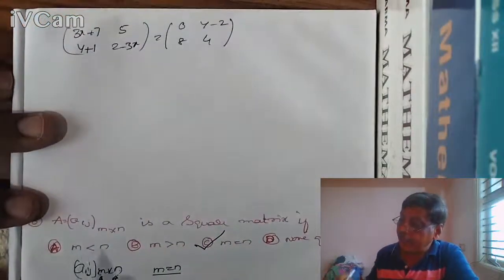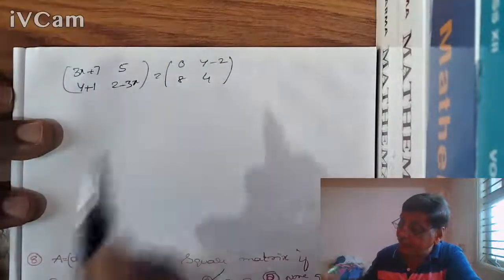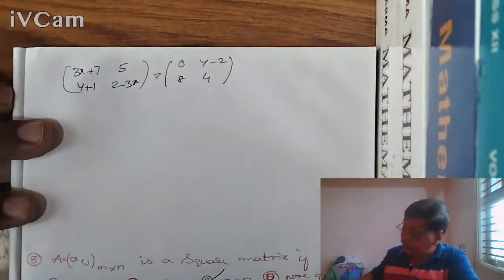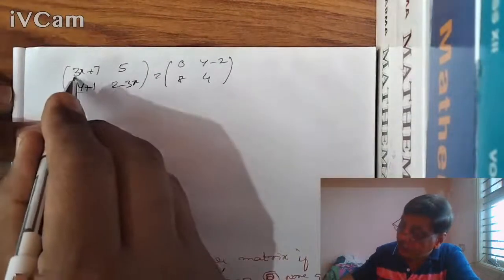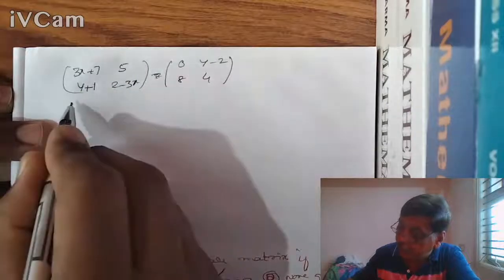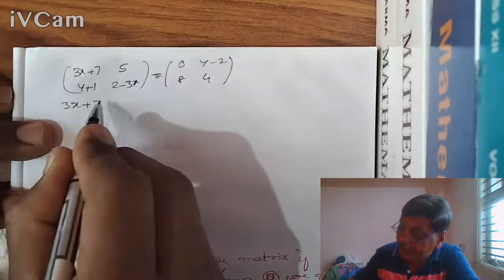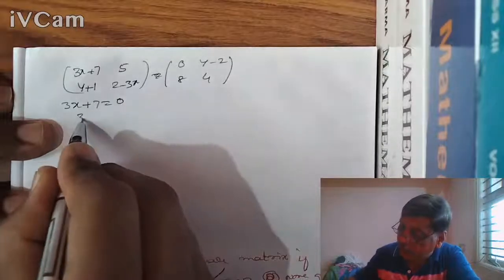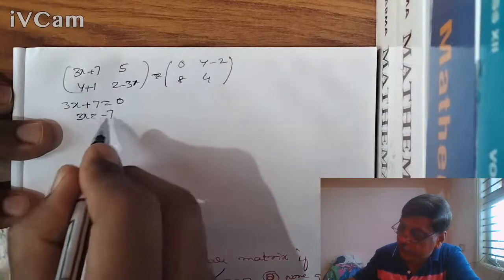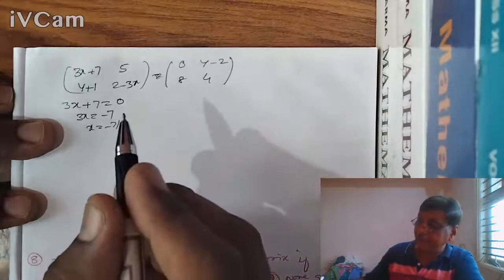Okay, here first we find the values of x and y. Let us check the answer. Since the matrices are equal, the corresponding elements must be the same. I am going to equate 3x plus 7 equal to 0. Therefore, 3x equals minus 7. x is equal to minus 7 by 3.